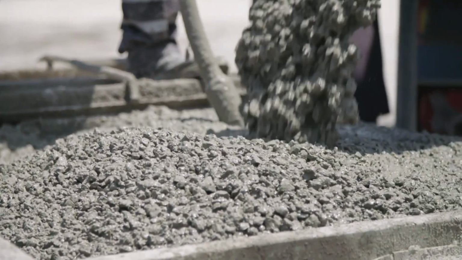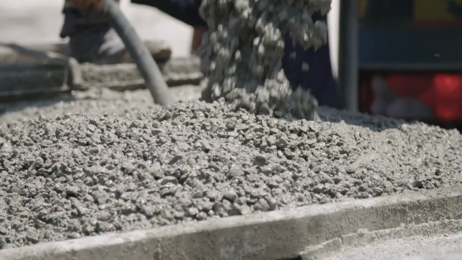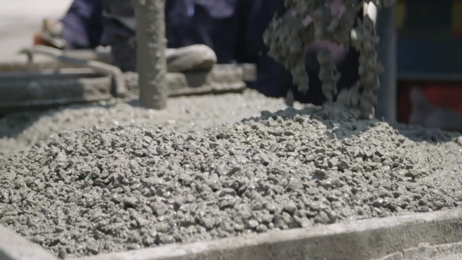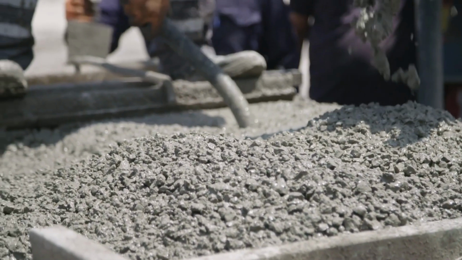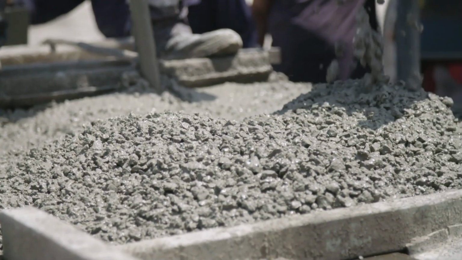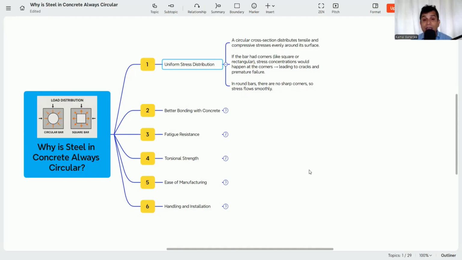Why? See, why are we introducing steel inside the concrete? That means the concrete is very weak in tension but very strong in compression. But in any structure, not only compression or only tensile stress is generating, but compression and tensile both are generating in combination. So in any structure, if we are using only concrete, it will break.